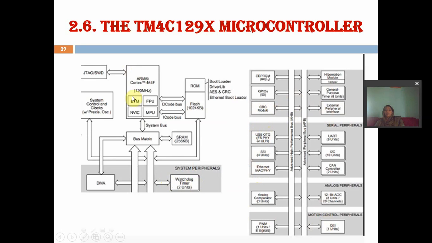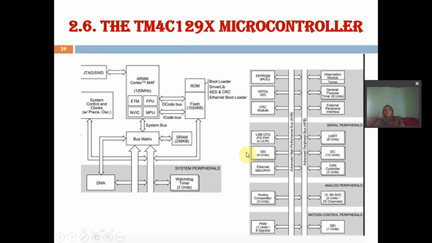As we discussed earlier, we have system peripherals, serial peripherals, analog peripherals and motion peripherals, and this is nothing but the ARM processor. We have 4 blocks in the ARM processor. These are called on-chip modules, and a JTAG meant for debugging purposes, and this is for the system controller, system controls and different clock pulses.